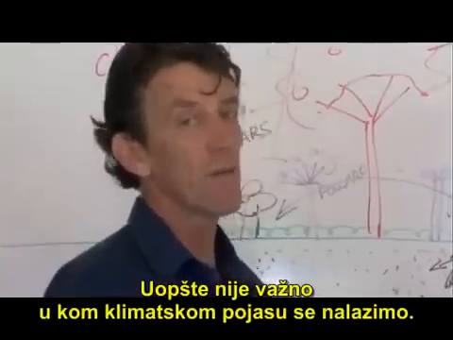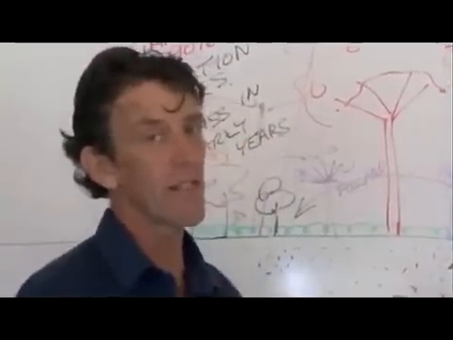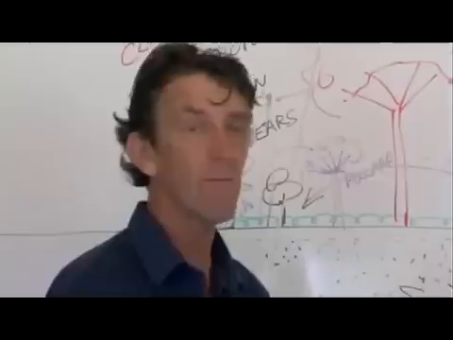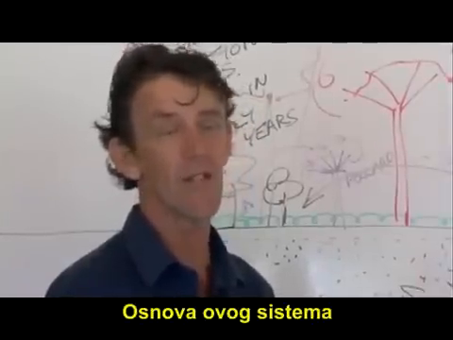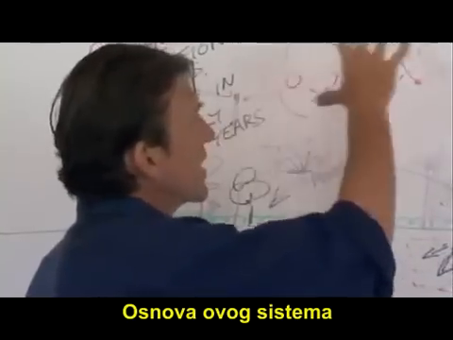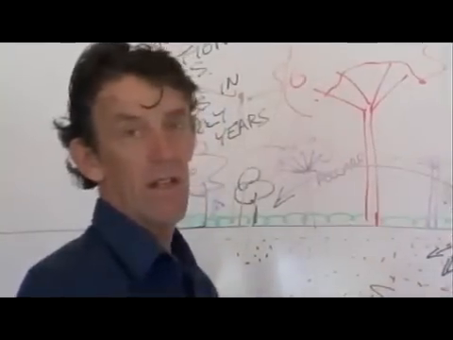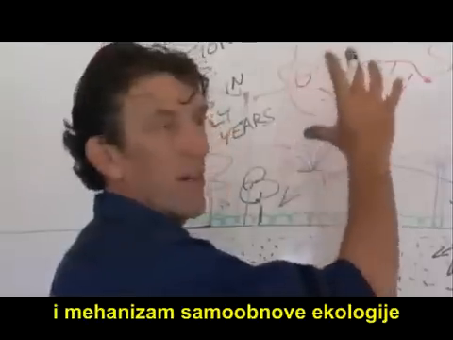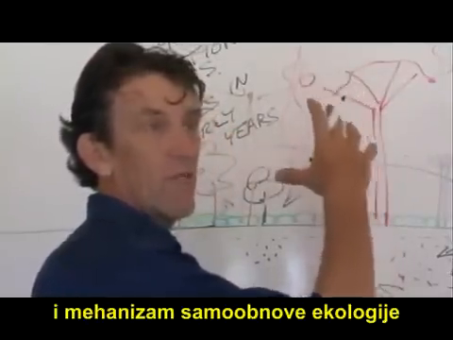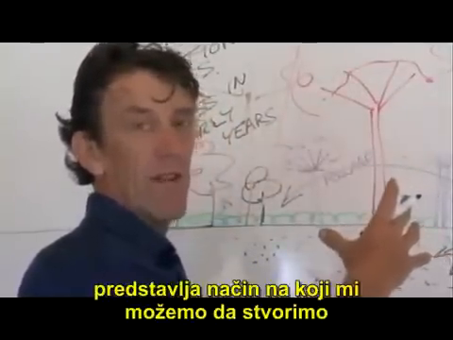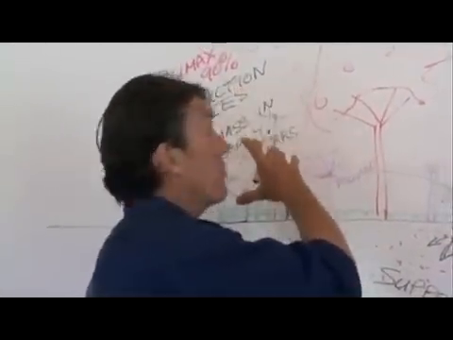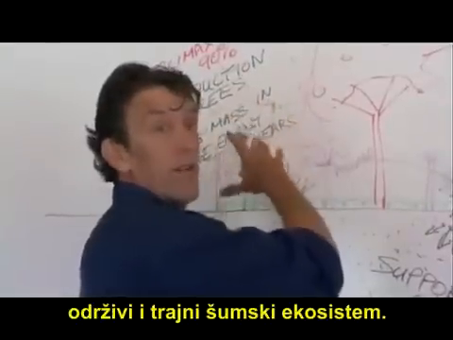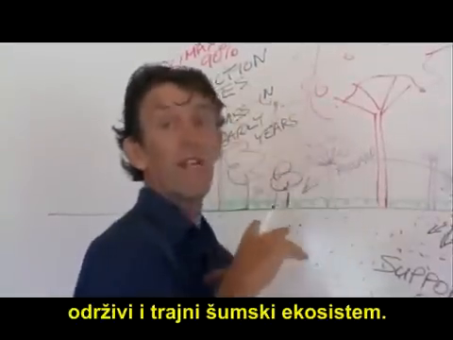It doesn't matter which climate it is. It doesn't matter whether it's desert, tropics, temperate or subtropics, or island landscapes near the ocean. This basic system, this basic mimic of the pioneer weed functions, reparative mechanisms of ecology, works to create sustainable, long-term, permanent, productive forest ecologies that we can design.